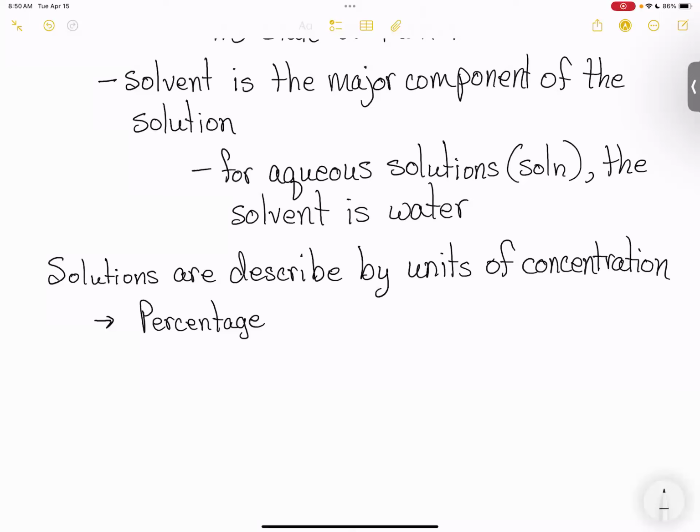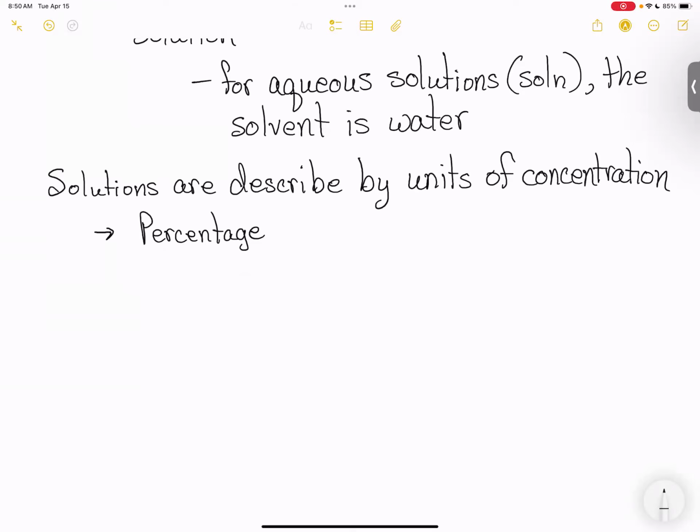And that is a unit of concentration that is commonly found in the medical field. We talk about the percent of peroxide. We talk about the percent of isopropyl alcohol. We talk about the percent of sodium chloride in a drip. So it's a common one that is used.